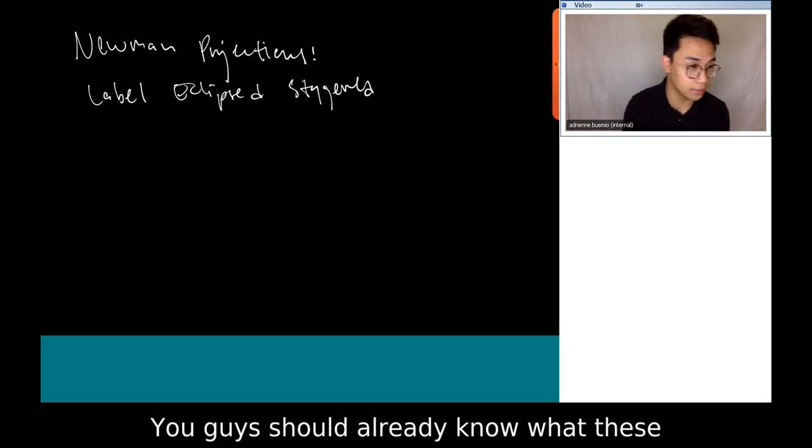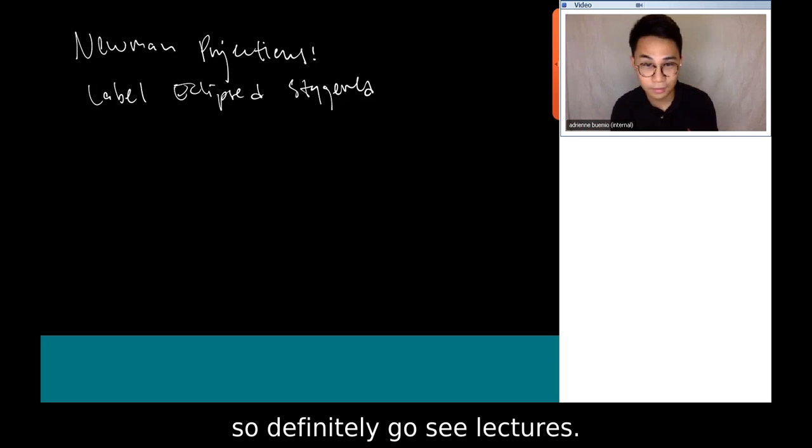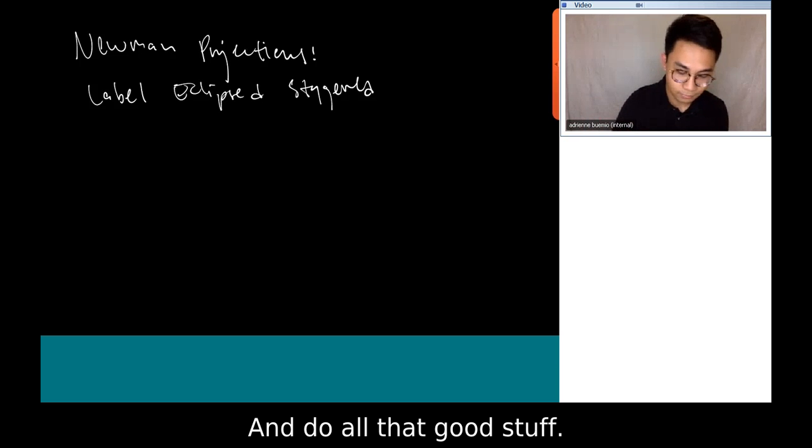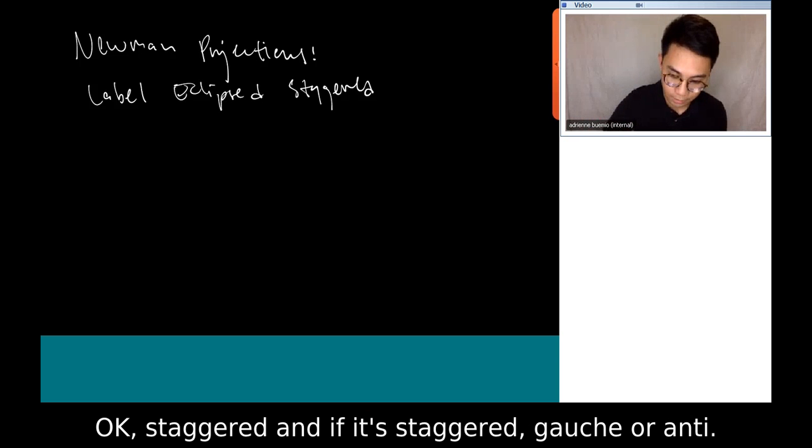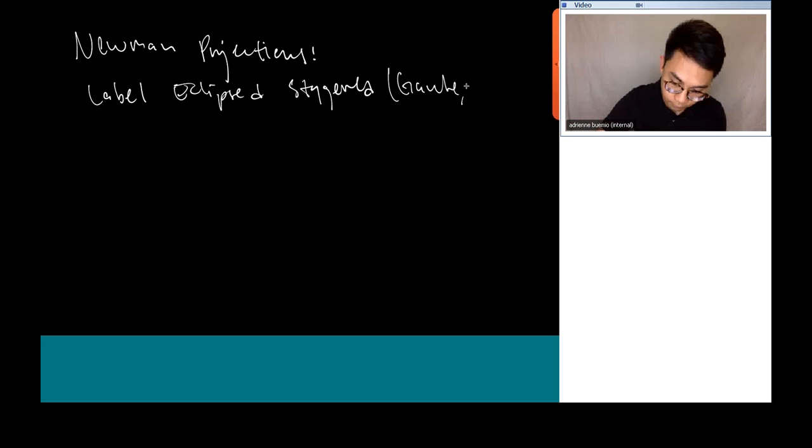You should already know what these are or have gone over it. So this is just reinforcing it. Again, this isn't a substitute for lecture, so definitely go to your lectures and do all that good stuff. Okay, staggered, and if it's staggered, gauche or anti, right?